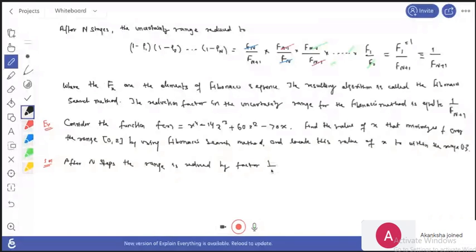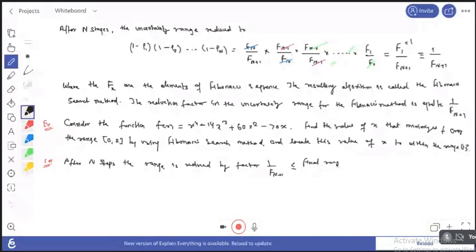This means this is less than your final range over your initial range. So this is your initial range.